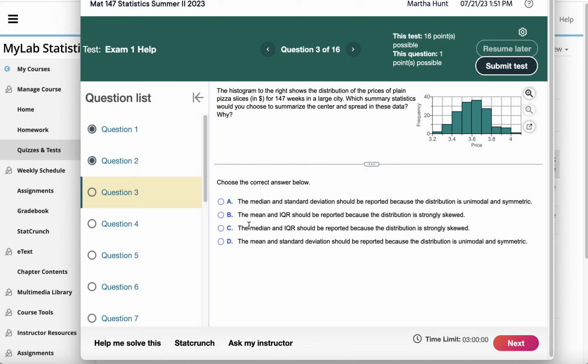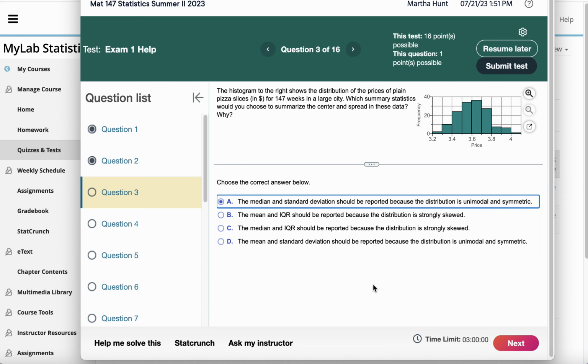Let's see, the mean and IQR, no, we should use the median and the IQR. Median and the standard deviation. Oh, no. The mean and the standard deviation, because it is not skewed.